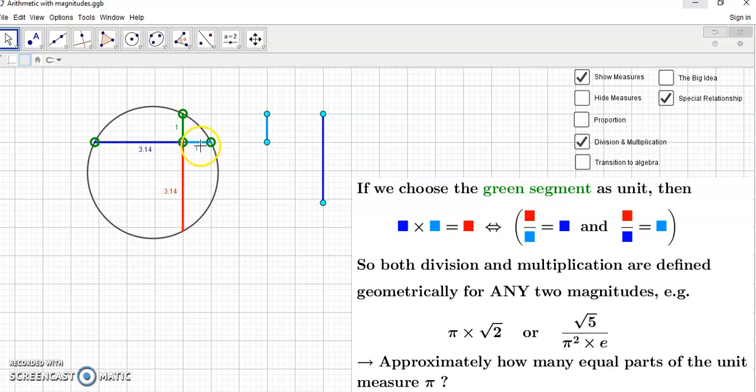7 parts of the unit with a little bit, well, let me rephrase that. The equal parts of the unit are about 7 plus a very tiny magnitude that has no measure, okay? And that would be used to measure pi. So in that case, you would get the exact measure, right?